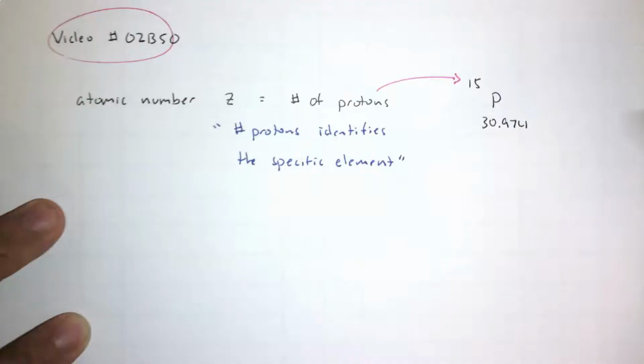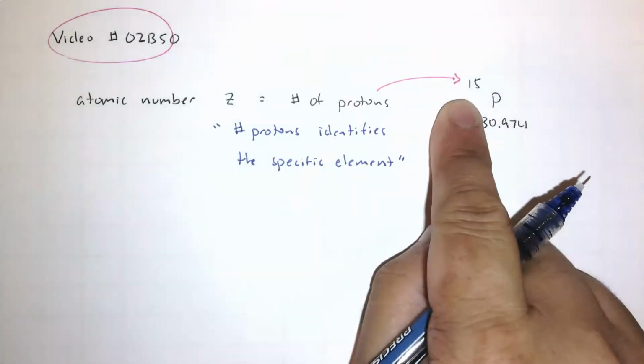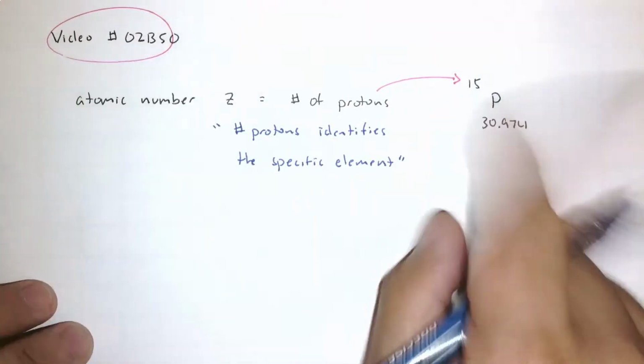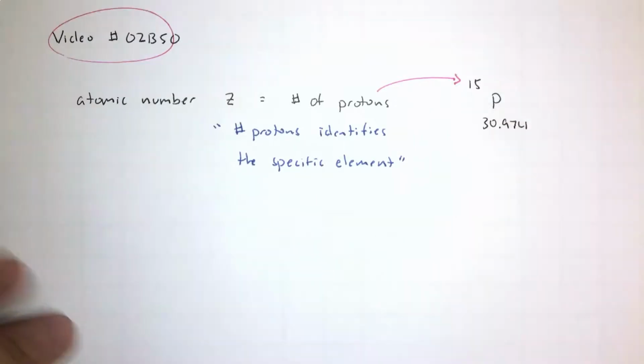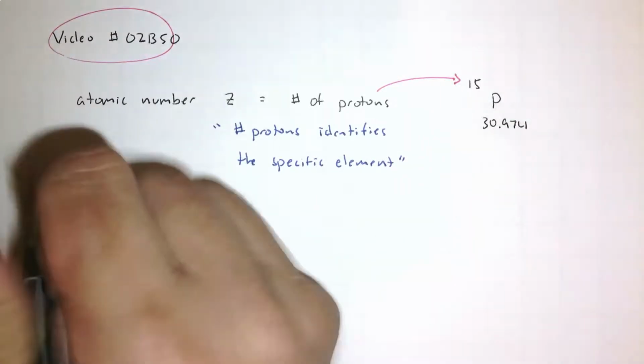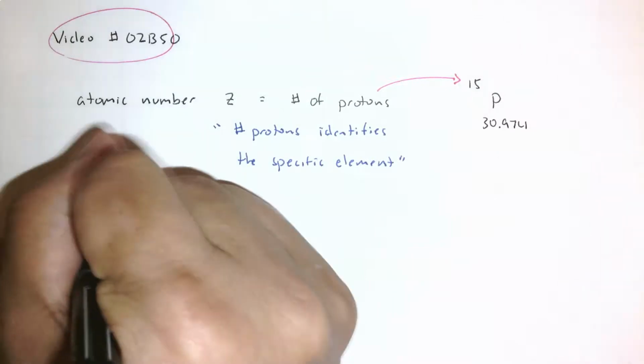All atoms that have 15 protons are phosphorus. The different isotopes of phosphorus vary in the number of neutrons. And that brings us to our next definition, isotopes.